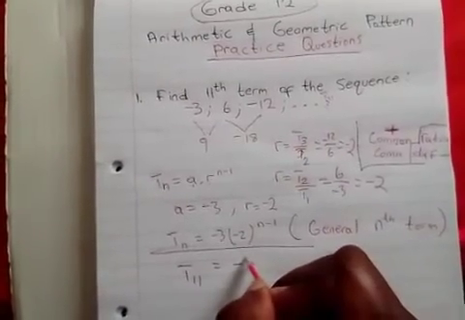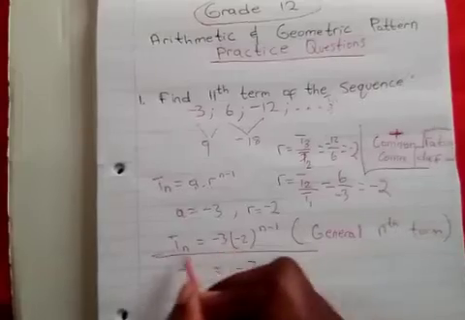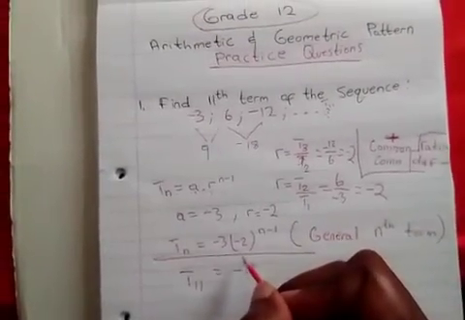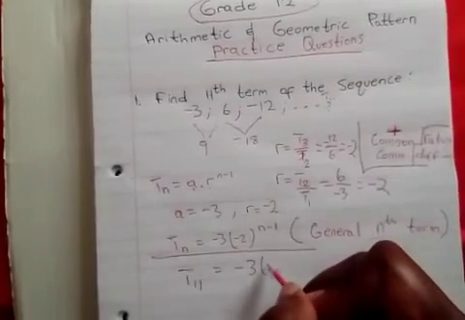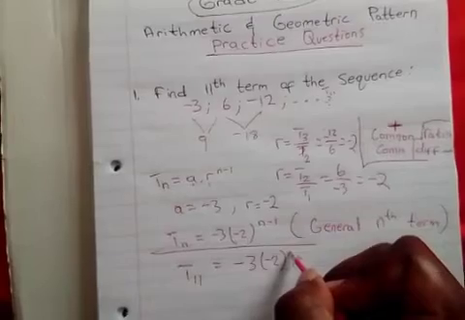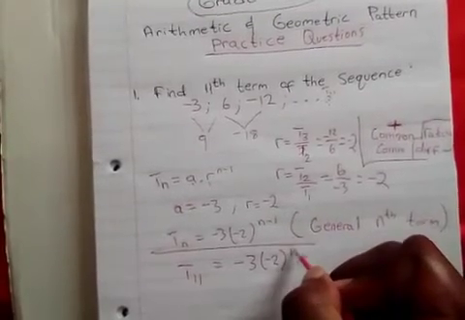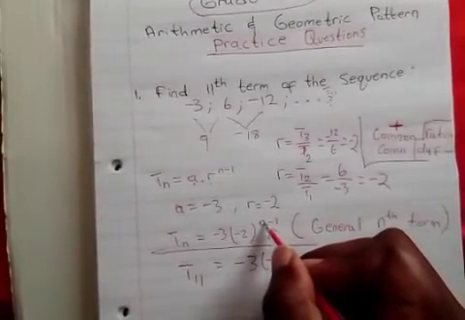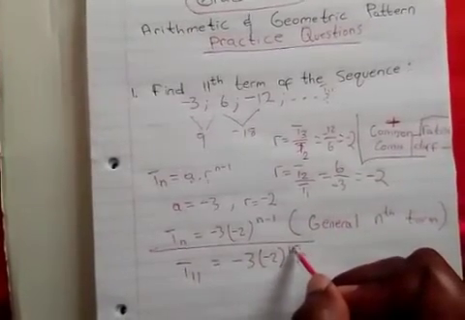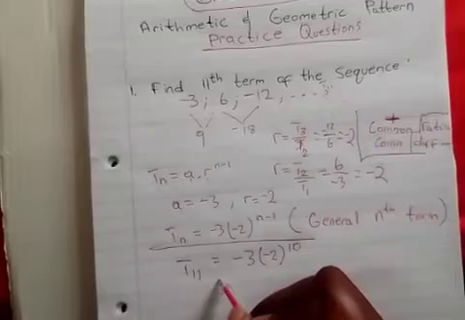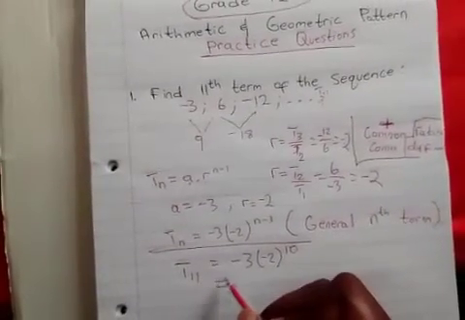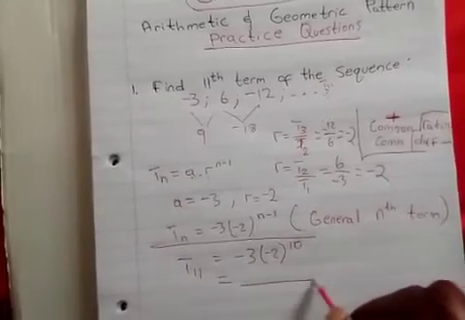Once you get to this stage, everything is going to be easy because you're just substituting. So n, remember, we're going to put 11 in the place of n. So 11 minus 1 is going to be 10.